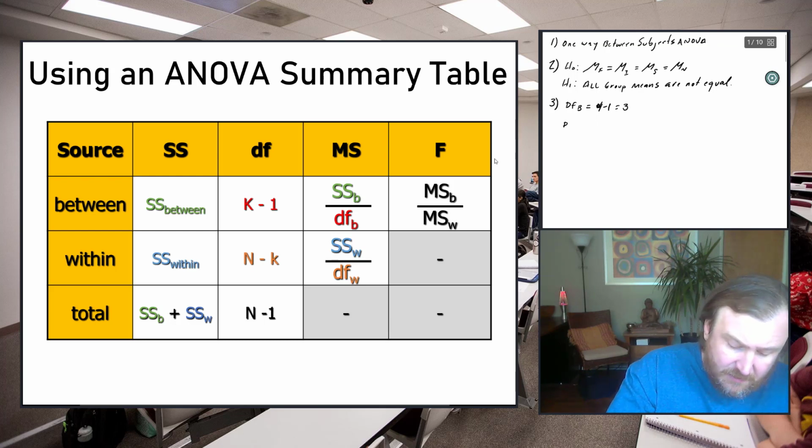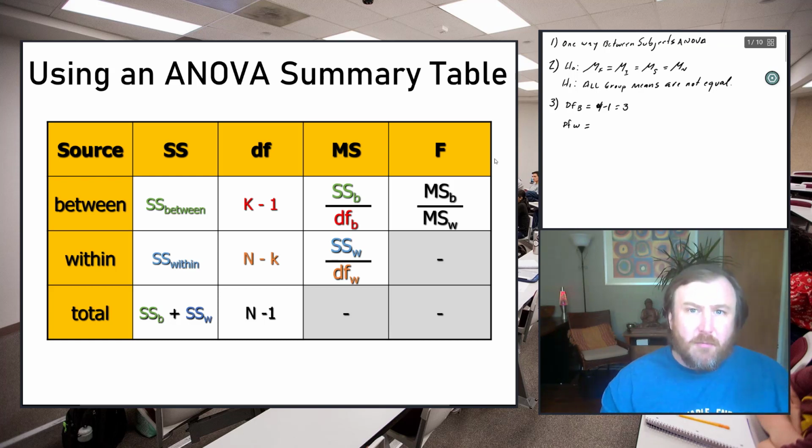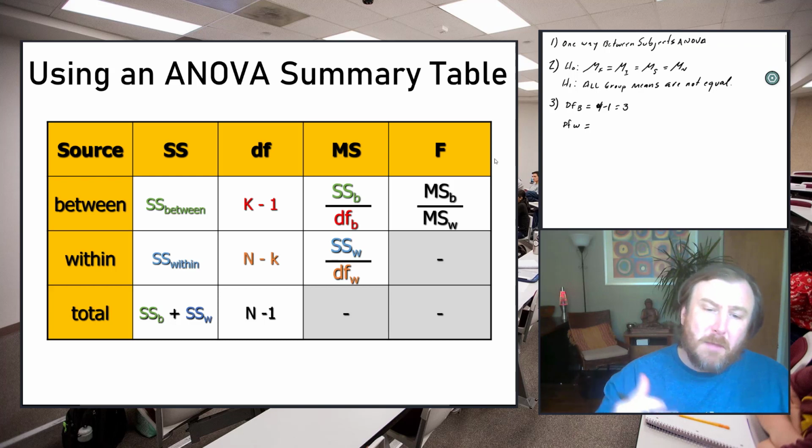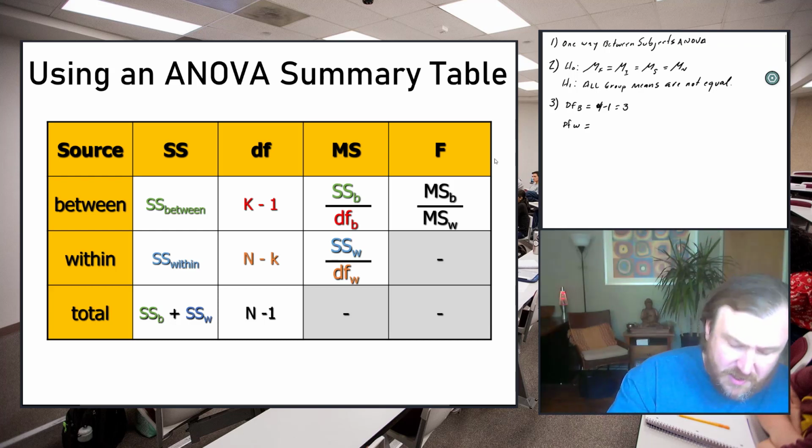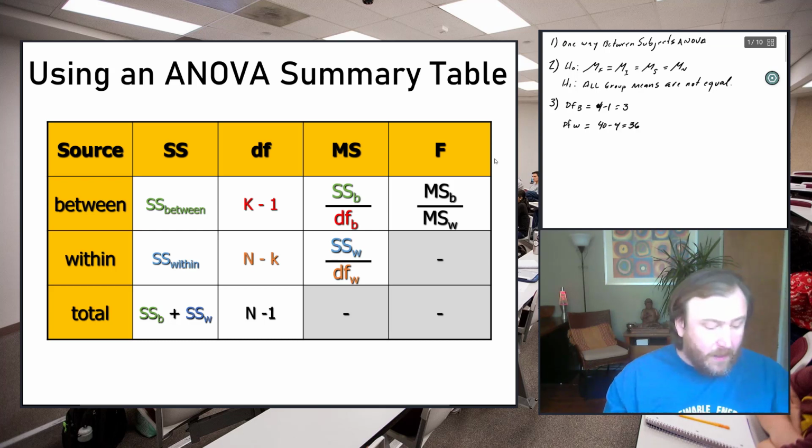And degrees of freedom within is equal to the total number of people in the study minus the total number of groups, right? There are 4 groups of 10 people, so that's 40 people minus 4 groups. So degrees of freedom within is 40 minus 4, which is 36.